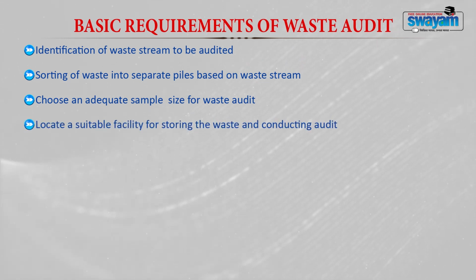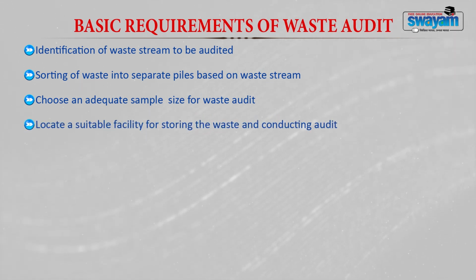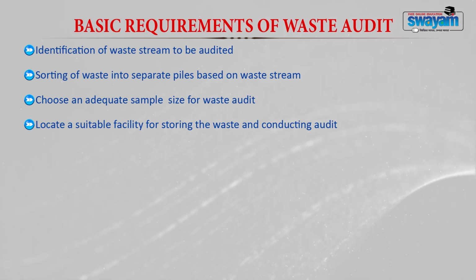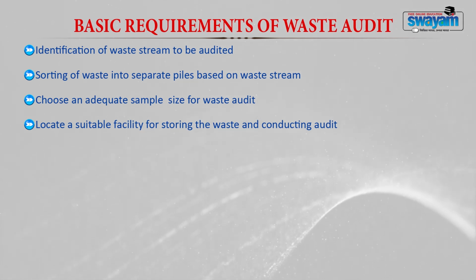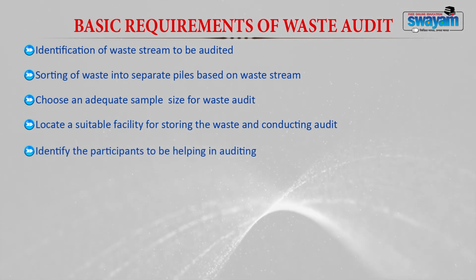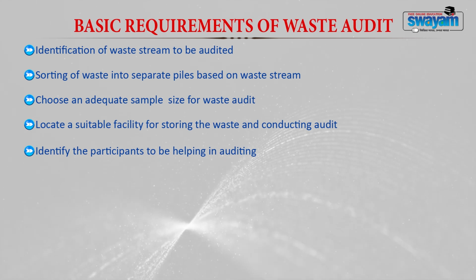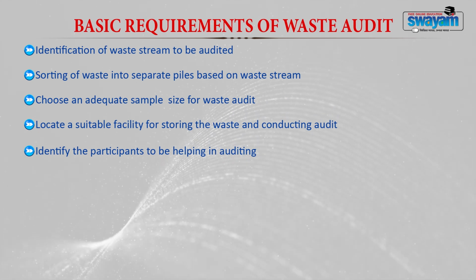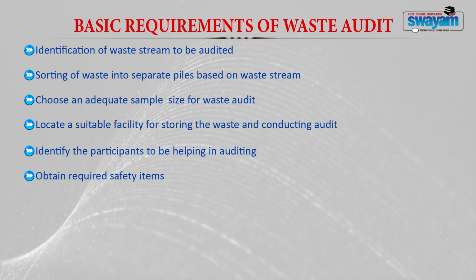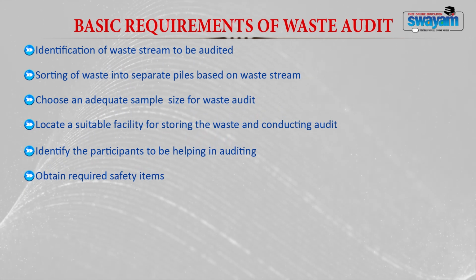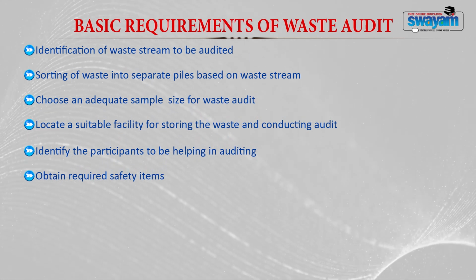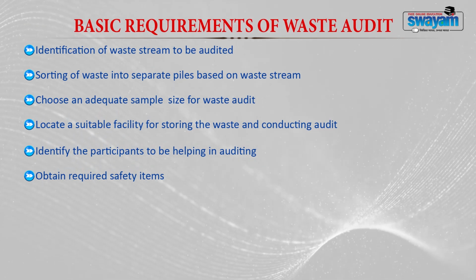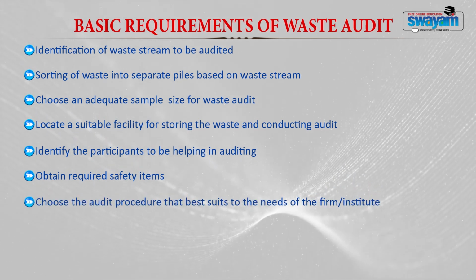Then locate a suitable facility for storing the waste and conducting the audit. Identify the participants to help in auditing the waste. Obtain safety items which are to be used by the participants. Choose the audit procedure.